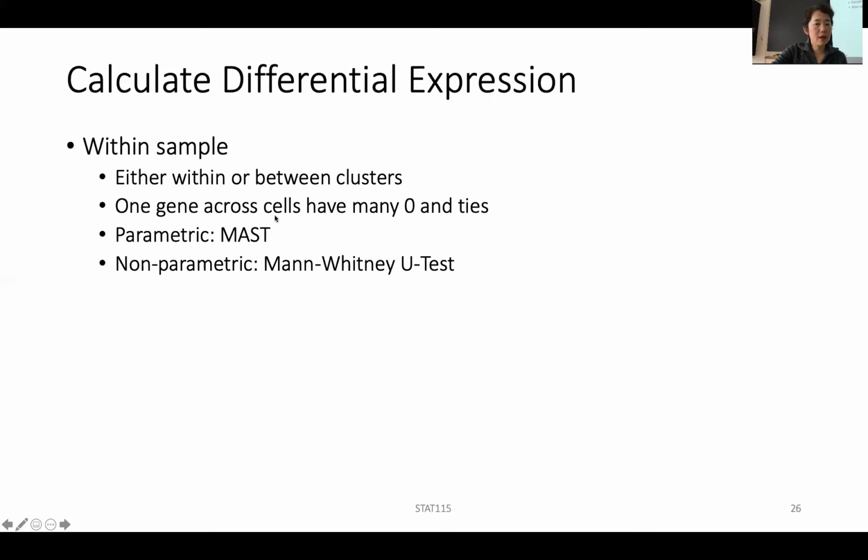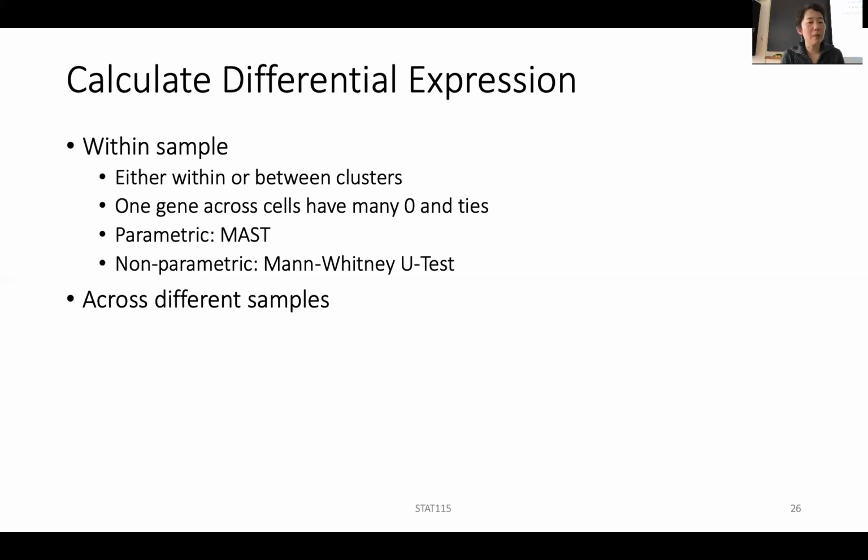Because one gene across the cells can have many zeros and also potentially many ties, if you want to use a parametric test, which is the zero-inflated negative binomial distribution, you can use the MAST algorithm. But if you just want a non-parametric test, it does not assume any data distribution. It's less powerful, but since you have so many cells, it can actually work quite well in the single cell setting.